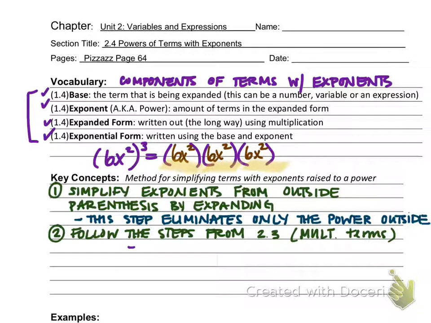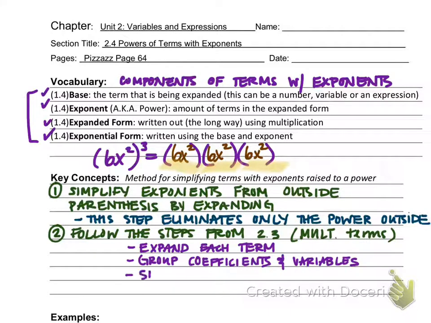So a quick review of those steps would be to expand each term. So everywhere that I see an exponent now, I can go ahead and expand yet again to simplify within that. The next thing is to group the coefficients and the variables.